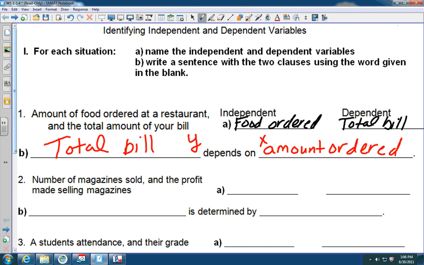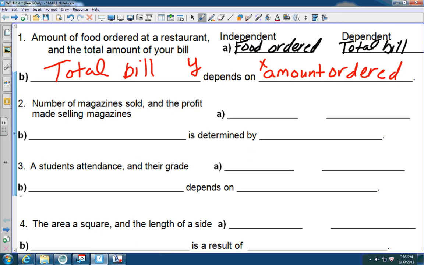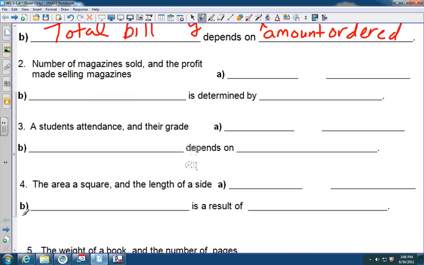Okay, so let me see if I can scroll down here. Let's look at number 2. Right here they're saying this is where the independent goes and this is where the dependent's going to go. So the number of magazines sold and the profit made selling them. What has to happen? Are you going to make profit first? No, you've got to sell them. So the independent is the thing that happens first, so that's the number sold.